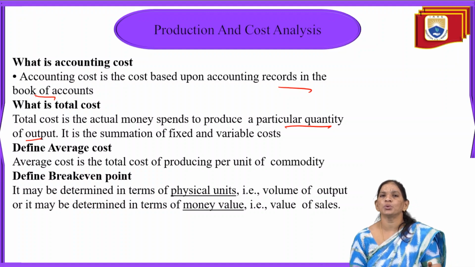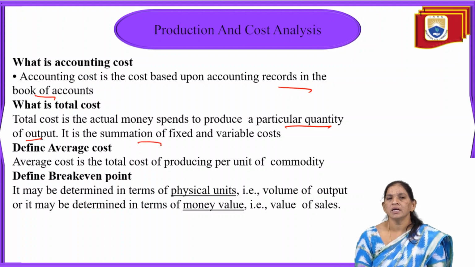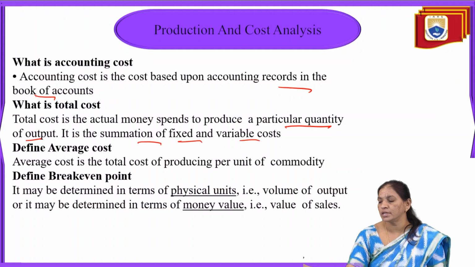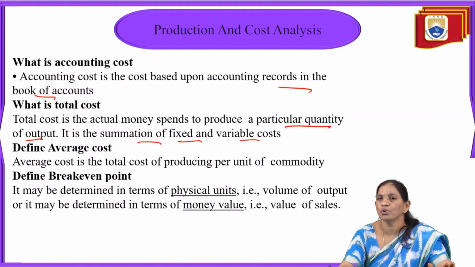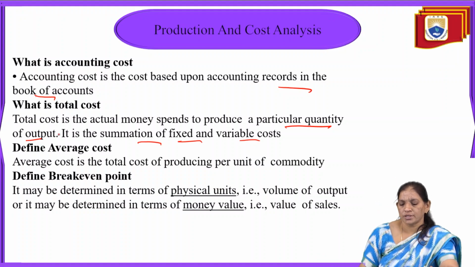It is the summation of fixed and variable cost. As we know, cost can be divided into fixed cost and variable cost, so when we add both, it is called total cost.